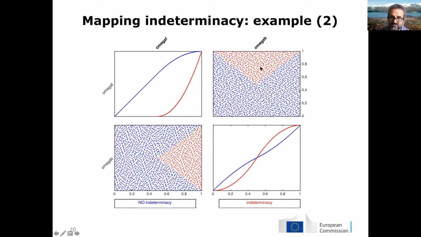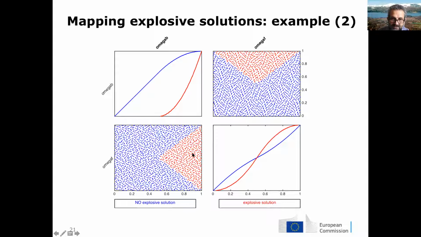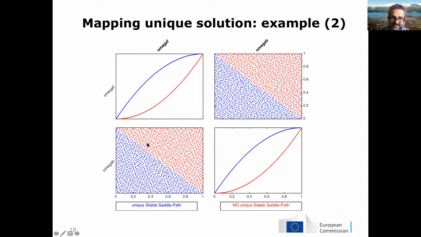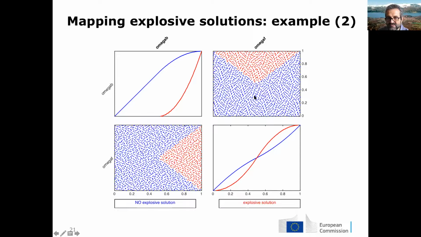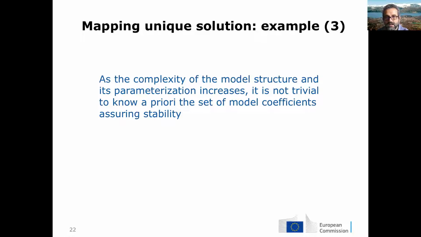So this triangle here and this triangle here together make up the entire half triangle of the original space. Which means that when there is no saddle path, for 50% of the cases you have indeterminacy, and for 50% of the cases you have explosive solutions.